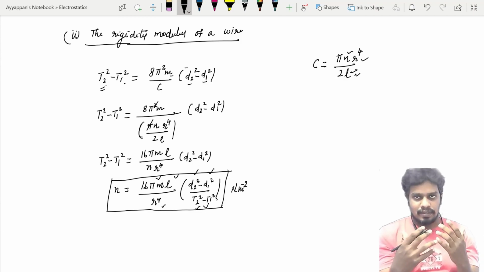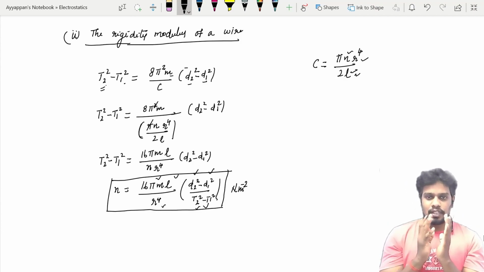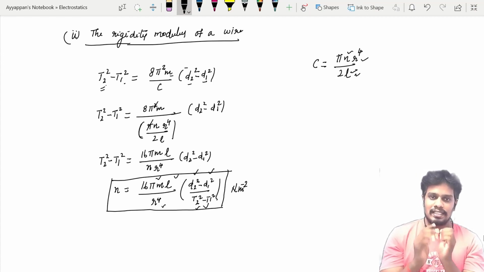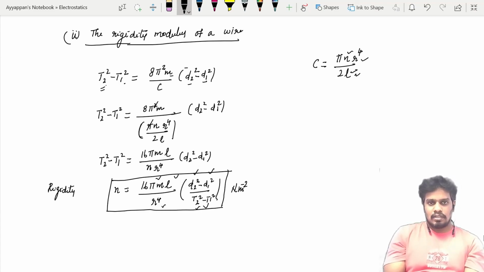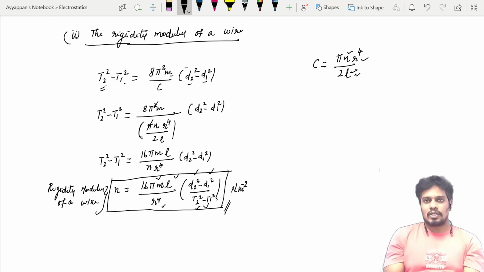So finally we can measure all the values. Once you know the right hand side, then the left hand side is n, the small n, that is the rigidity modulus of the wire. This is the way you can calculate the rigidity modulus of the wire using this experiment.